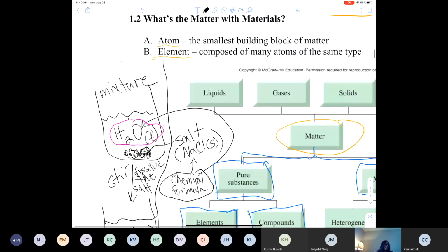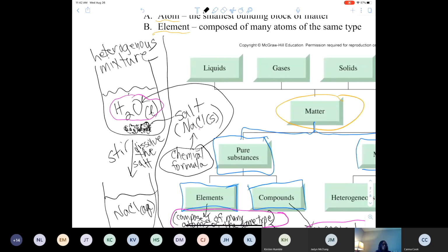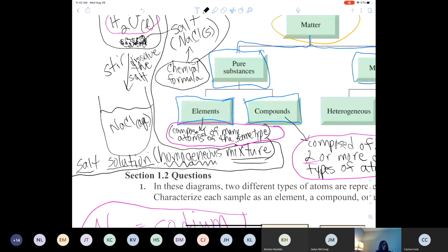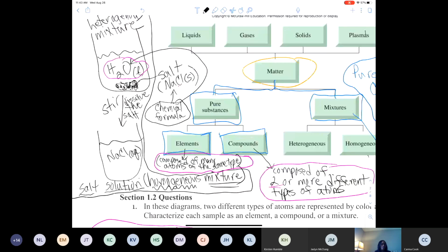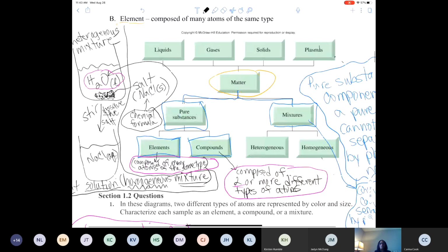Before I stir it, I have what's called a heterogeneous mixture. So what's the difference between my heterogeneous mixture here and after I stir, the solution or the homogeneous mixture that results from the stirring? Any ideas on the difference between the heterogeneous mixture versus the homogeneous mixture? What's the difference between the two?